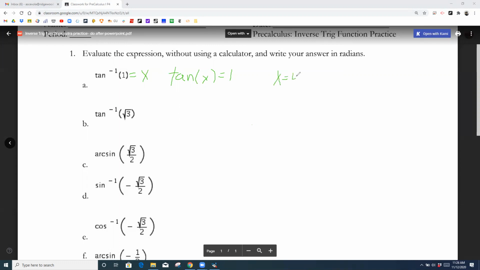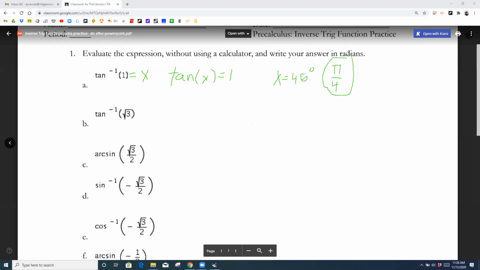Now you have to make sure that it's in the range of tan inverse. And it is, because tan inverse has to be between 90 and negative 90. So that works. Our answer is going to be pi over 4, because we want to put it as a radian.